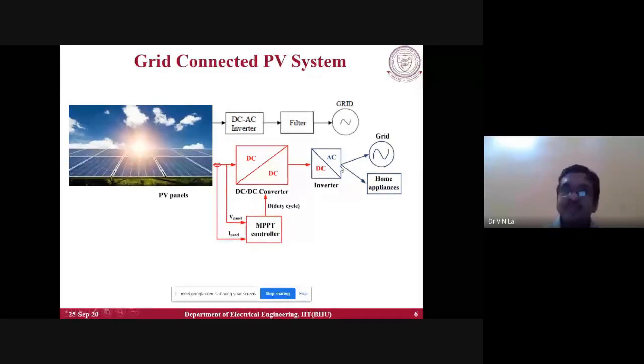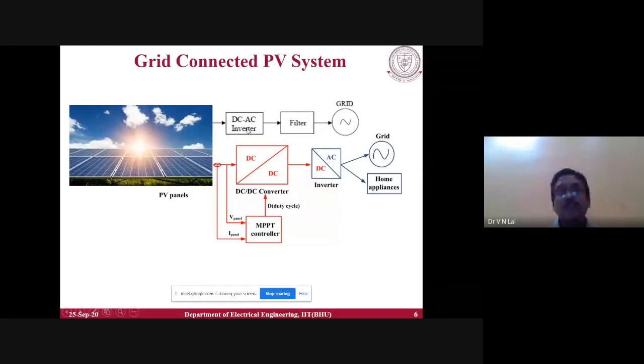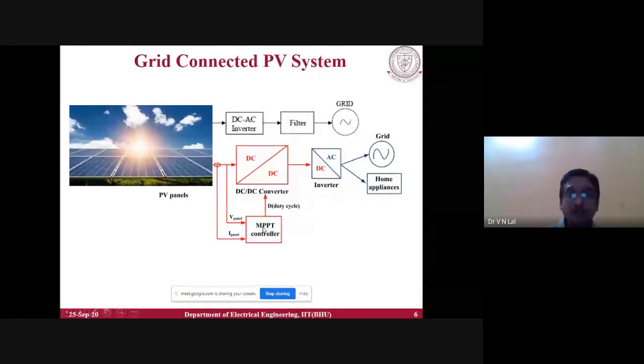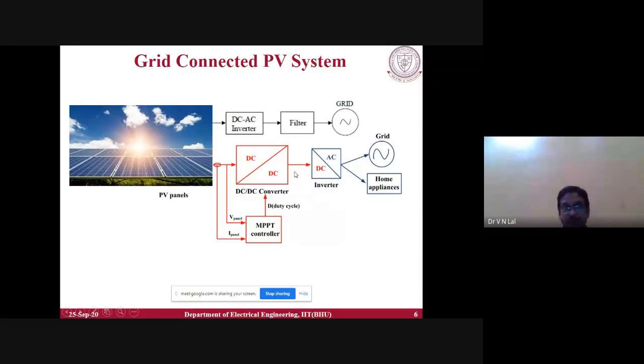So, two-stage system and single-stage system, we have already discussed. In a single-stage system, the losses are reduced, because in a two-stage system, two power electronic converter stages are there. So we are focusing on the MPPT controller here. The MPPT controller works continuously to sense the current and voltage at the output of the PV array, does some calculation according to the algorithm, and gives a reference to the converter.